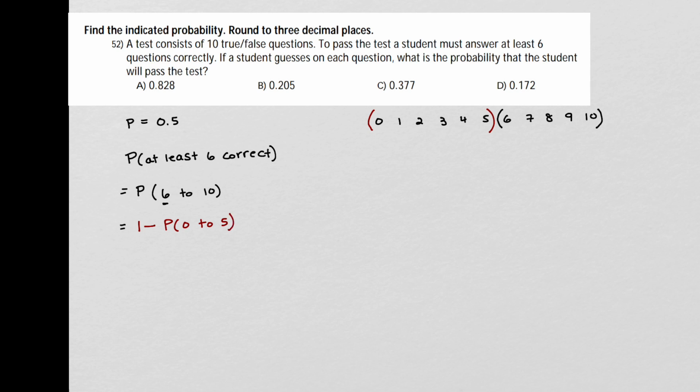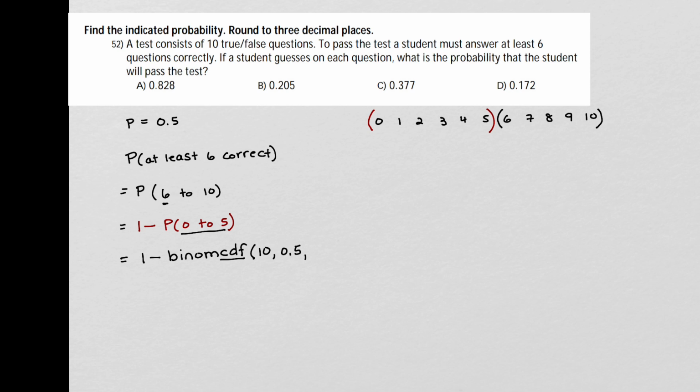So when I do this in the calculator, this is going to be 1 minus binom CDF. It's CDF because we have a range of values. The number of trials is 10.